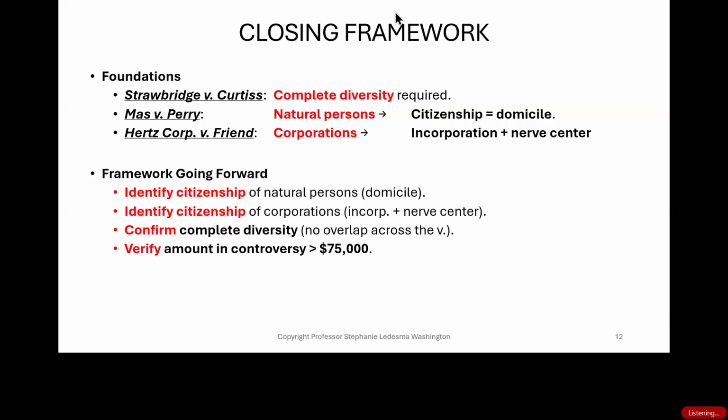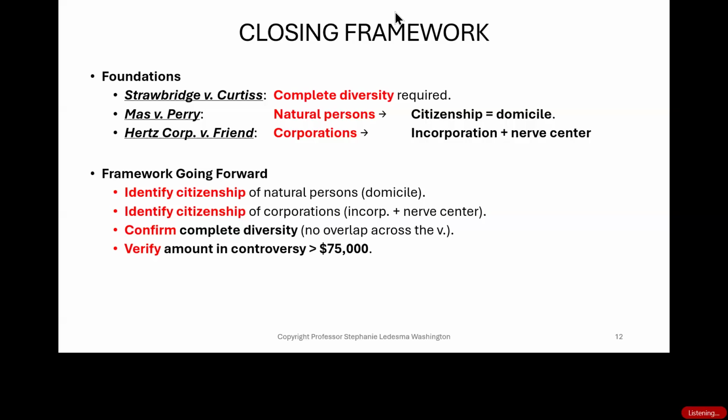And now in Hertz, the court settles the corporate side of the equation for corporations. A corporation is a citizen of the state where the corporation is incorporated, and it is a citizen of the state where the corporation has its principal place of business, and that is defined as the place where the high-level officers direct, control, and coordinate the company.